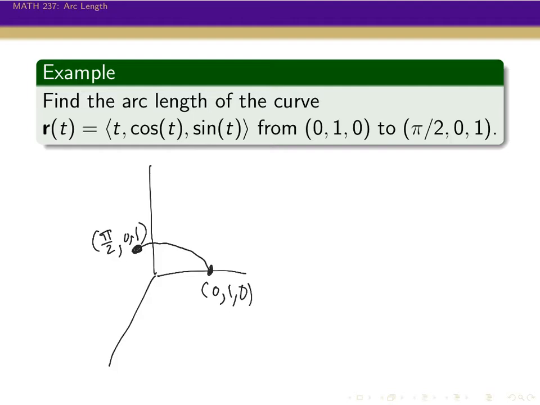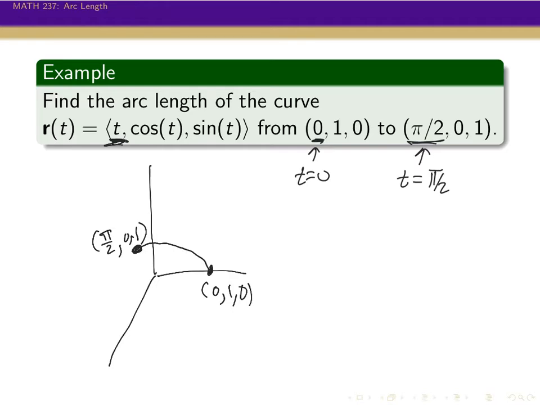So for the formula, we need to know what the values of t are for both of these. Since the x component is just t, the x component of the first point tells me we're talking about t equals 0. And the x component of the second one says we're using t equals pi over 2.